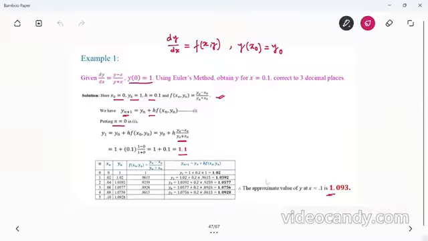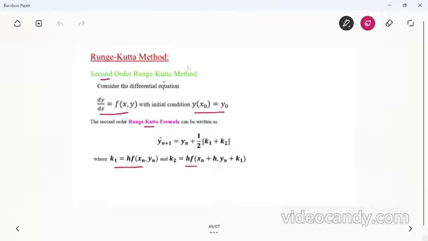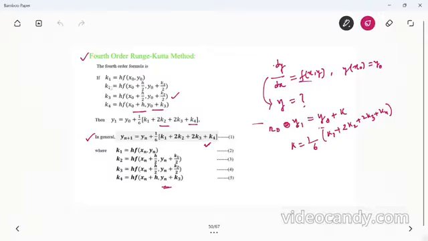There is one example we discussed with the help of Euler's method, and another example solving the differential equation by Euler's method. And here the Runge-Kutta method of second order. This is the formula: yn plus 1 equals yn plus half k1 plus k2, and these are the formulas for how to calculate k1 and k2. This is the Runge-Kutta method of order 4.